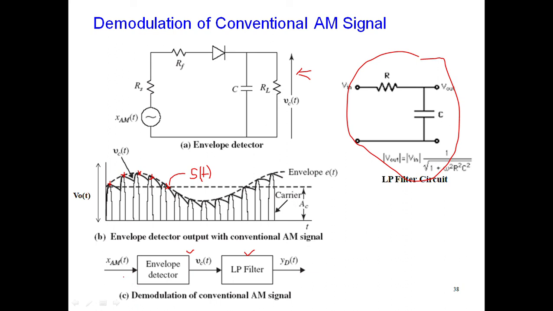So we receive the x_AM. Using the envelope detector, we will get the v_c(t), and then after a low pass filter to remove the unwanted frequency, we will get the original signal back, the demodulated signal.